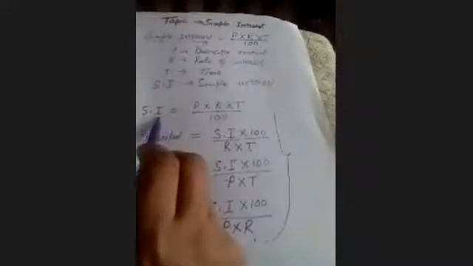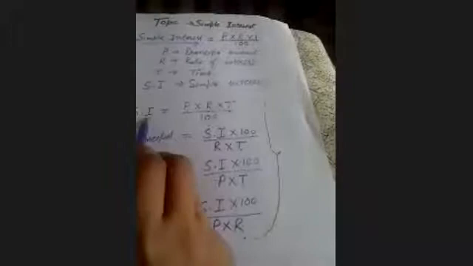So next is exercise 8.4. To solve exercise 8.4, these 4 formulas should be at your fingertips. First, simple interest is P into R into T divided by 100.